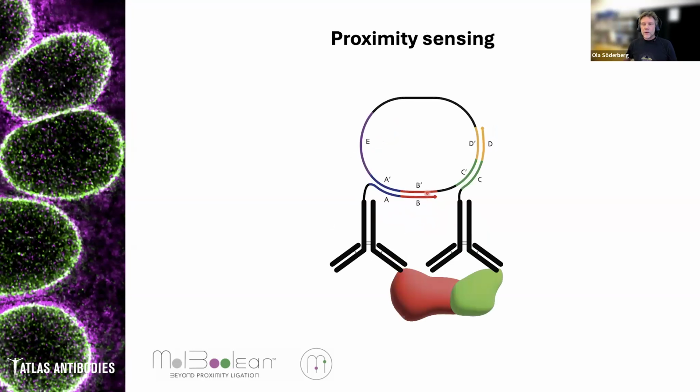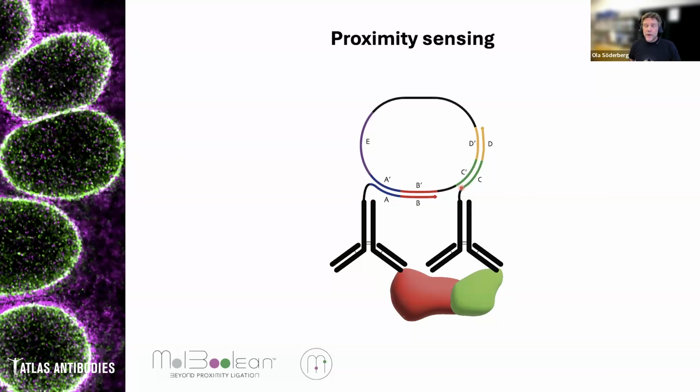You add 2 oligos, one going from B prime to C prime, as I will show later on, and another oligo that goes from D prime to A prime. If the antibodies bind in close proximity, the oligos will hybridize to both of these antibodies, thereby allowing the formation of a DNA circle with ligation.